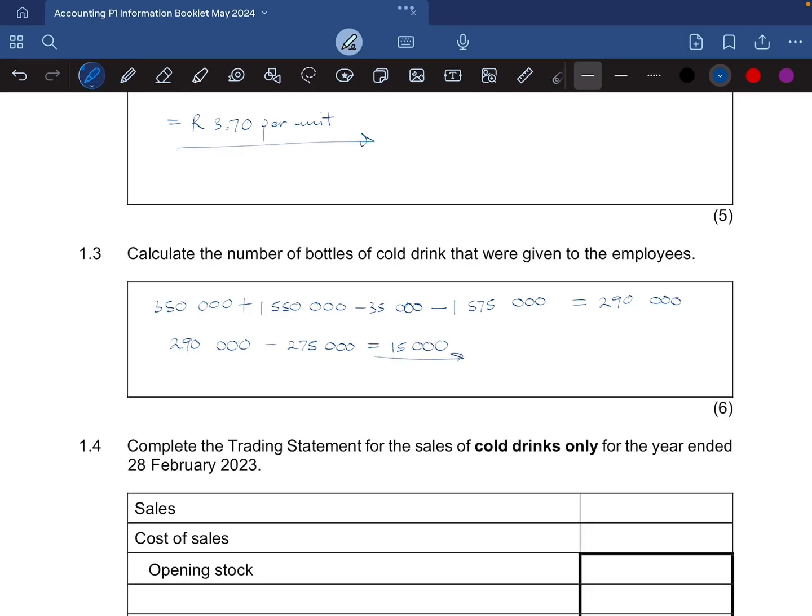So 15,000 bottles were given to the employees, right? So this is our opening inventory, this is our purchases, this is our returns, and then these are sales. And then this was supposed to be our closing inventory before we gave the bottles to the employees, and this is the actual that we have in our stock count.